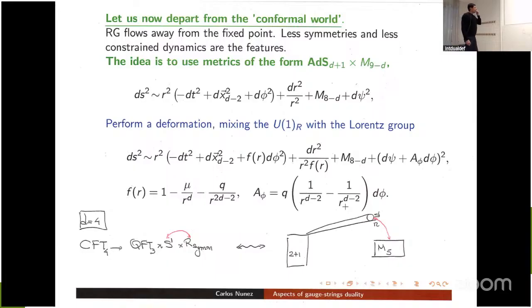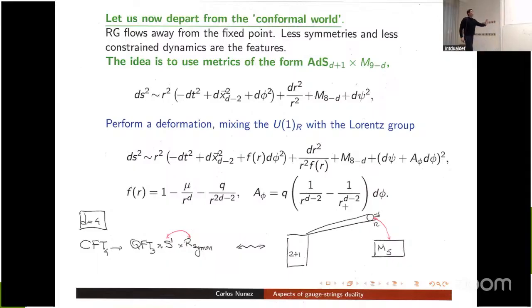And the idea will be the following. Let me sketch it with a metric of the form AdS5 times M5. Consider first AdS5, written in Poincaré coordinates. The only tricky thing I have done here is that I separated three Minkowski directions and a circle.